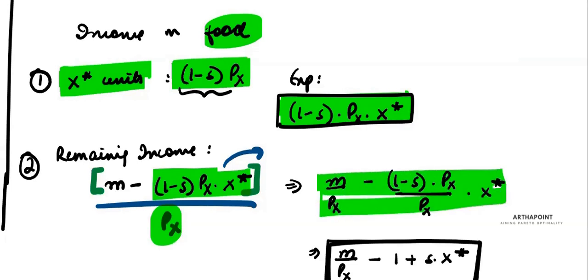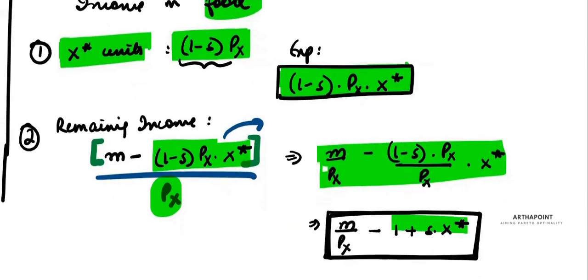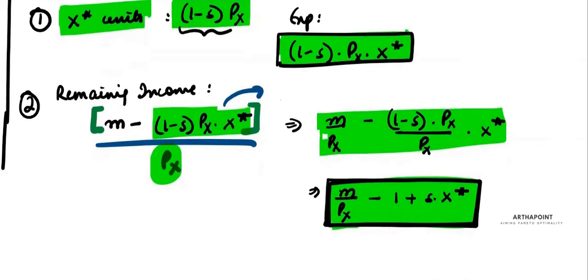This is the amount that he will be spending on good X. This is the maximum he can consume from that good. Now, if you think about this, sorry, this will be plus X star here. This will be minus X star plus S X star.